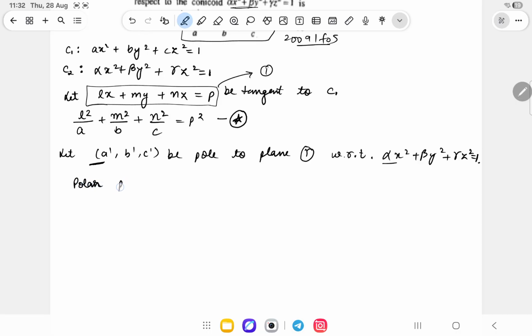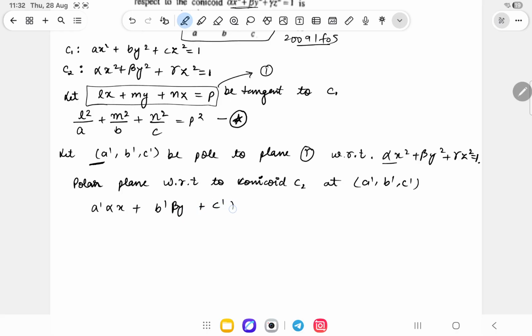So the polar plane with respect to conicoid C2 at point a dash, b dash, c dash would be a dash alpha x plus b dash beta y plus c dash gamma z equals 1.